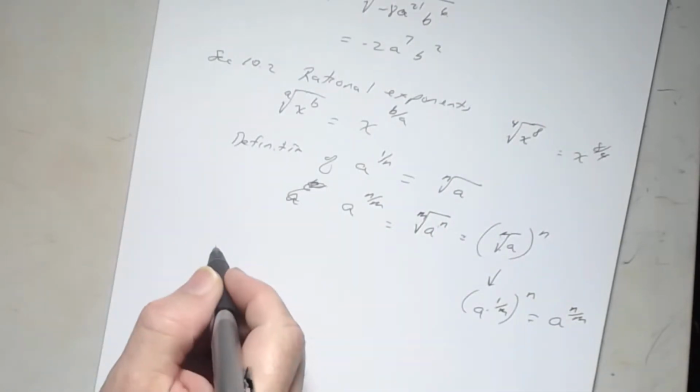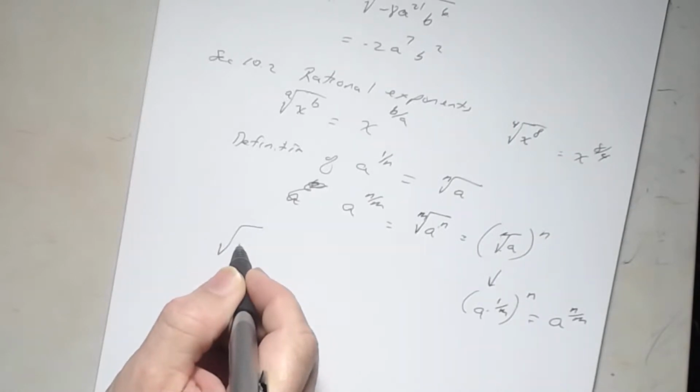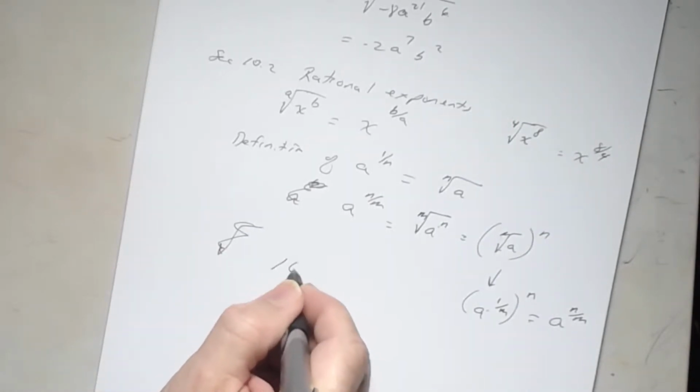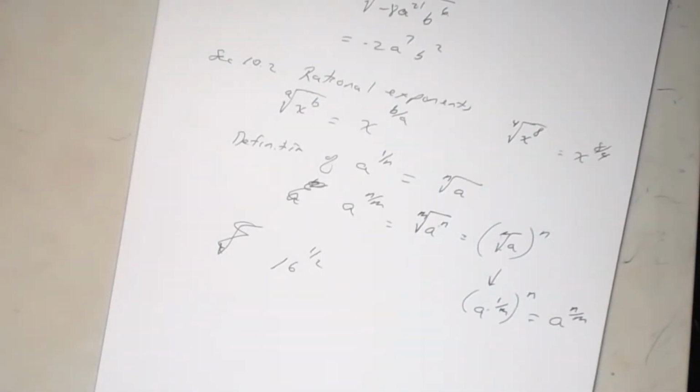So when I had 16 to the 1/2, can you tell me right away what you think 16 to the 1/2 is? 8. Nope. It is not 8. Square root of 16, which is 4.